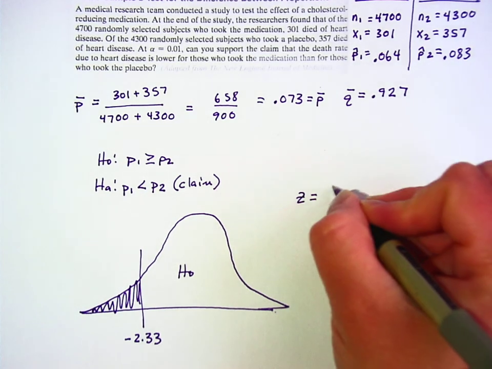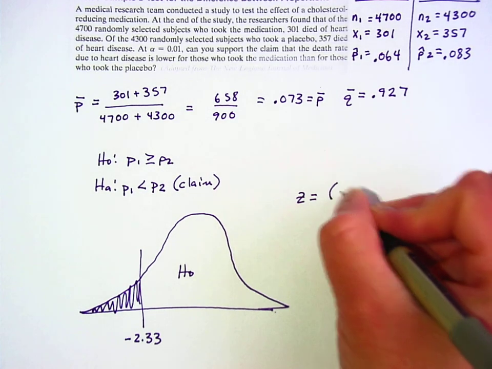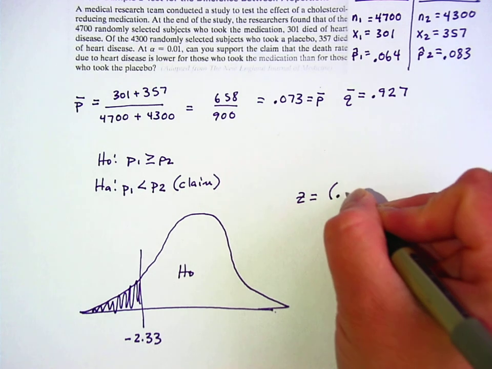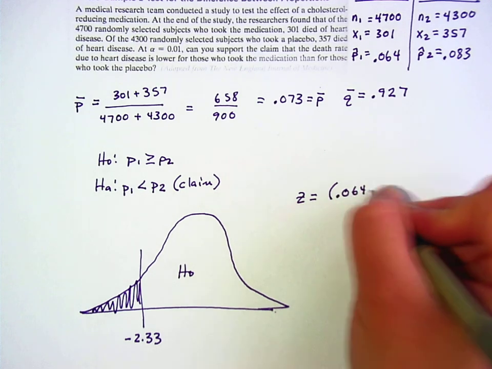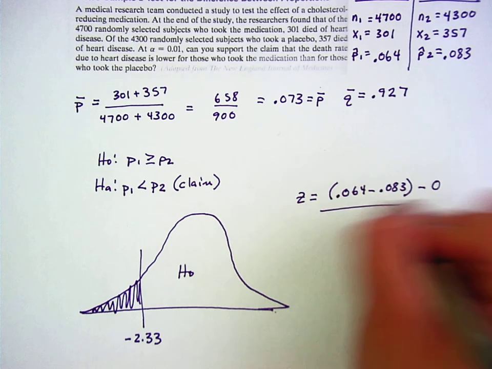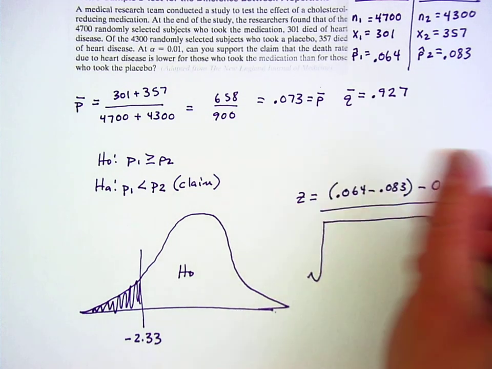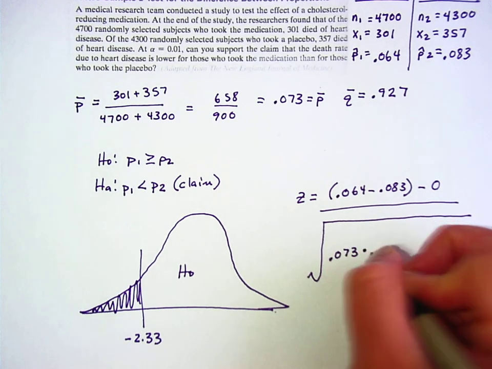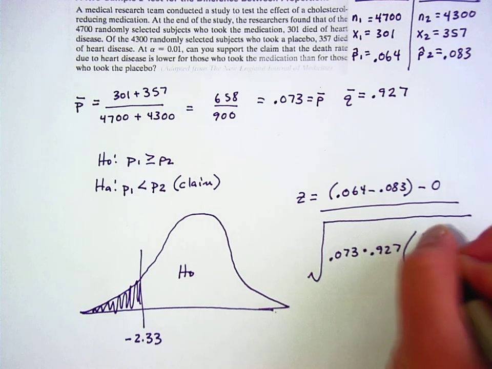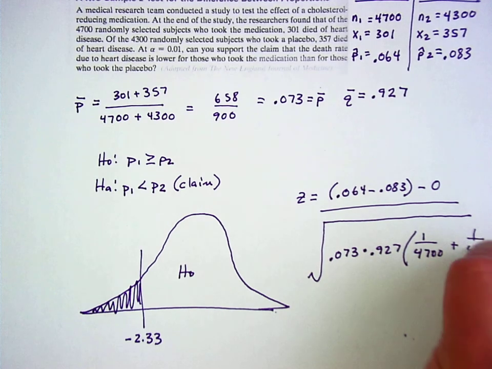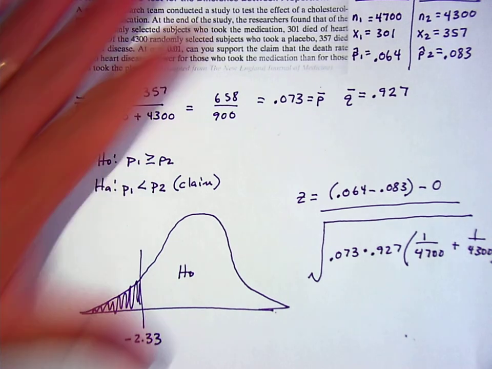Then if I start doing my test and using that horrible formula, I'm going to start with p hat 1 minus p hat 2 minus 0, all over the square root of 0.073 times 0.927, and then 1 over 4,700 plus 1 over 4,300, and then you put that mess into your calculator.